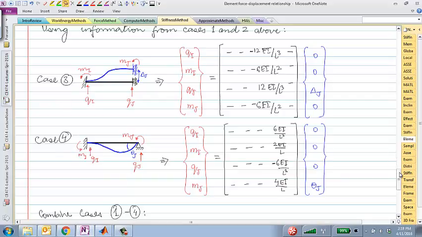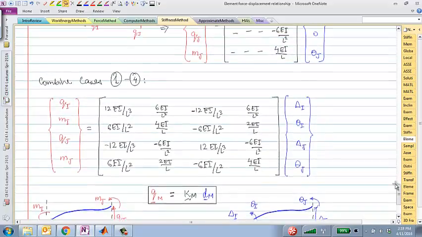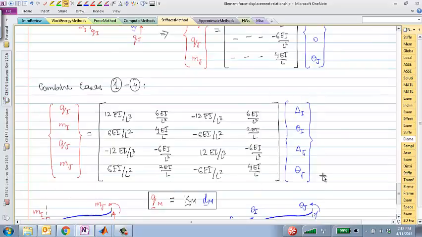And once you have all of that, then you can put them all together in a big matrix, a 4x4 matrix, which actually correlates the four force and moment quantities with the four rotations and displacements. That's the big relationship that we really wanted.